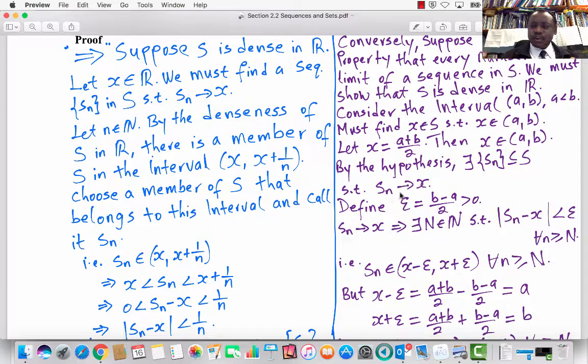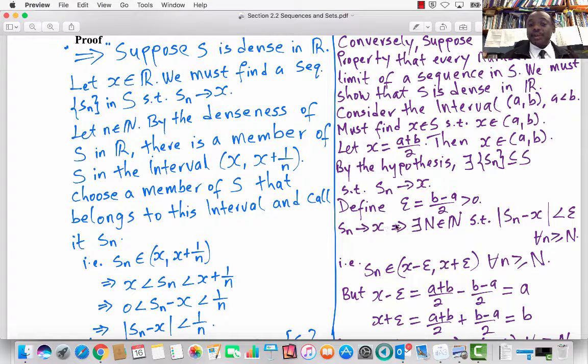Now, Sn converges to X. That brings us to the epsilon n definition of convergence. So why don't we set our epsilon to be b minus a divided by 2? Observe that if b is greater than a, then b minus a divided by 2 would be greater than 0.